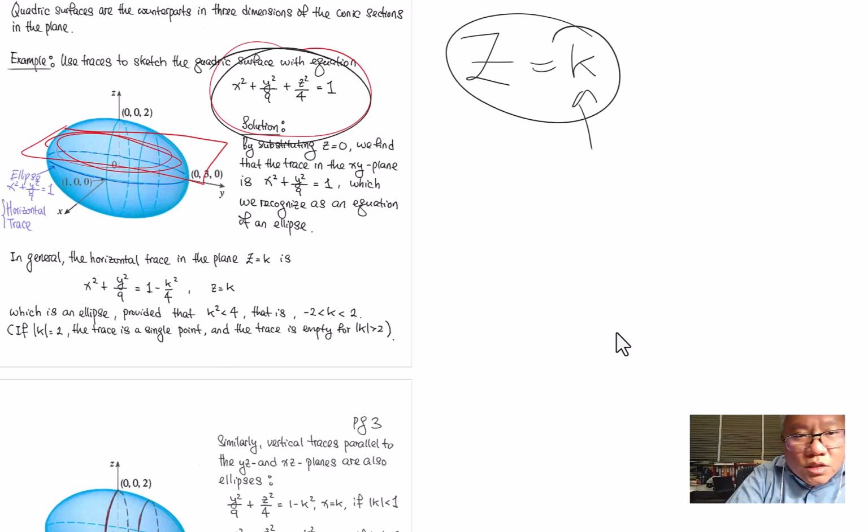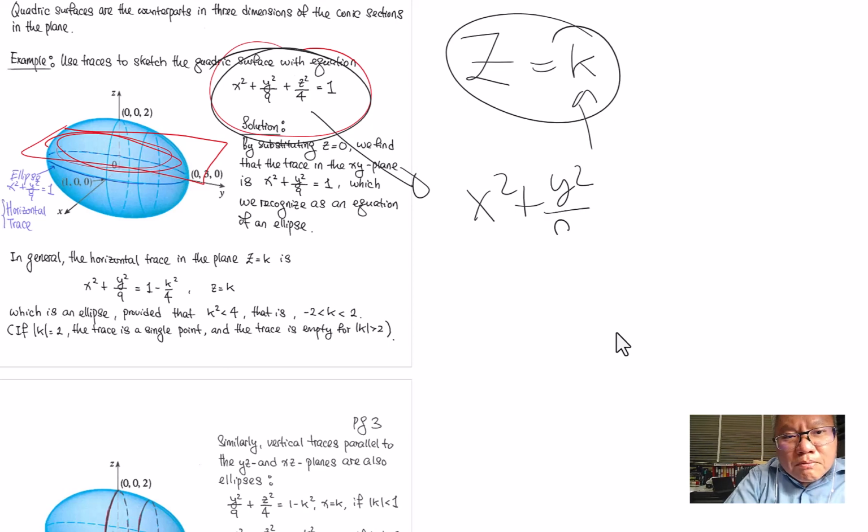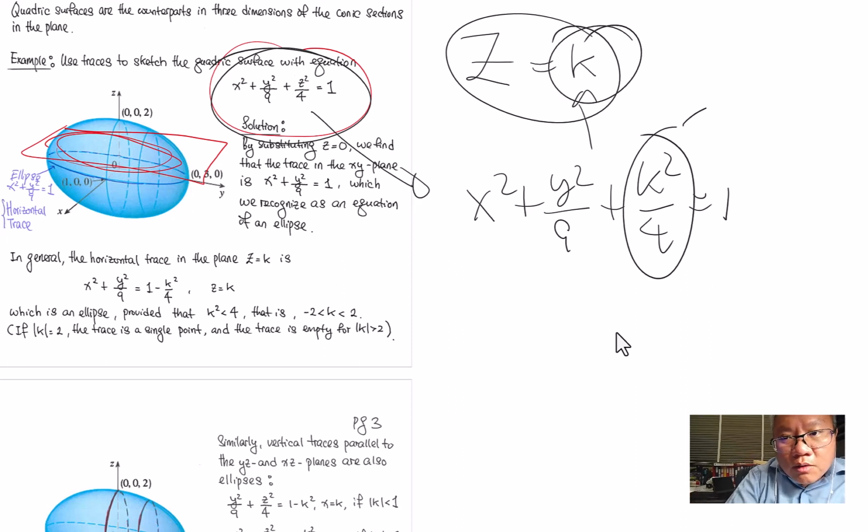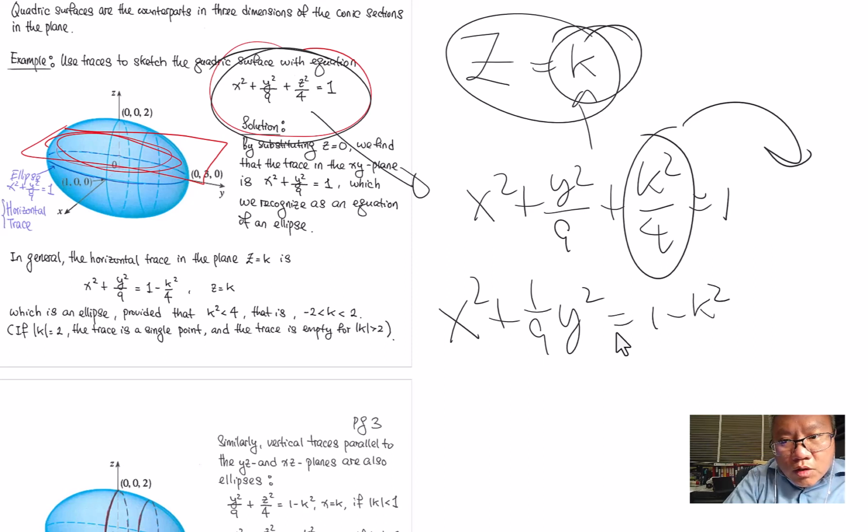So rewrite this equation now with x squared plus y squared over 9, and then you have k squared over 4 equals 1. K is a fixed number. Move this across: x squared plus 1 over 9 y squared equals 1 minus k squared over 4.